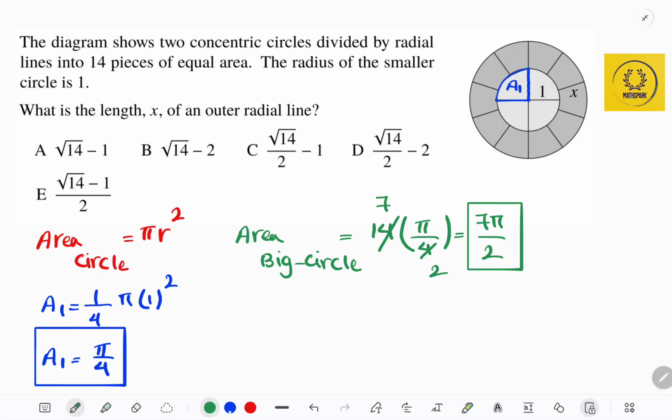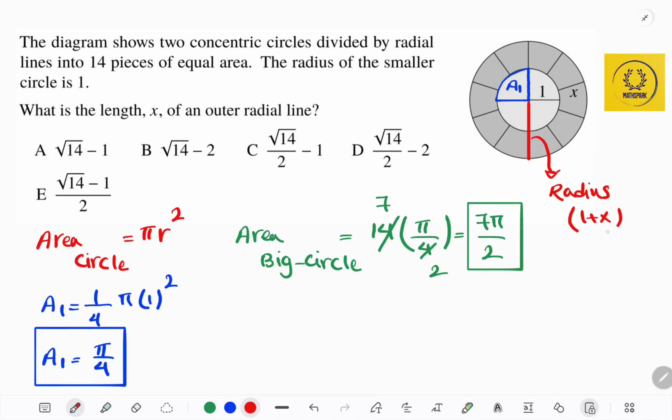Okay, and we know that the radius of this big circle is this line. So this line consists of two parts. This part is 1 and for this part we have x. So the radius of this big circle is 1 plus x.